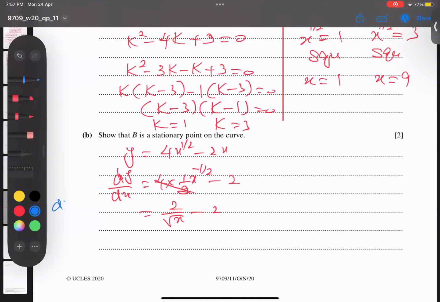When I put 0 here, this 2 goes to that side. Cross multiply: 2 root x, so 2 will go down and divide.